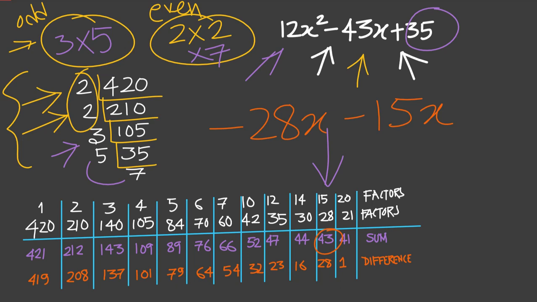Then if the middle term is odd, all the 2's will go to the even number part, because when the middle term is odd, one number will be even and one number will be odd. So all the 2's or the multiples of 2's will go in that part, and then you have to do the calculation. And if the middle term is even, then both will be odd or both will be even.